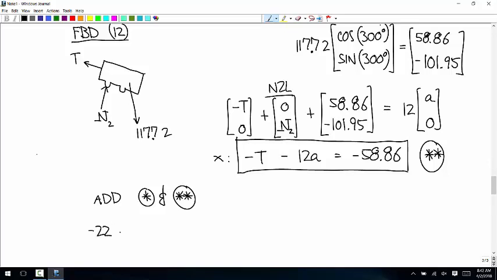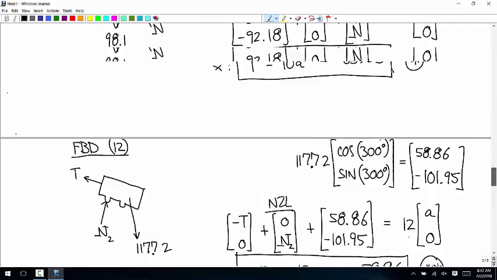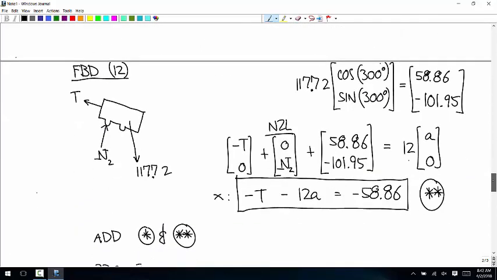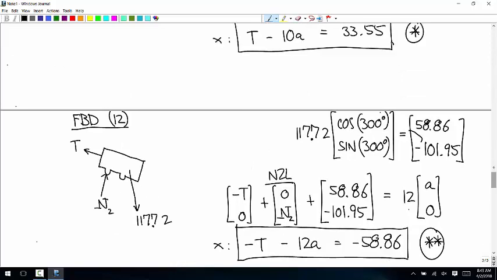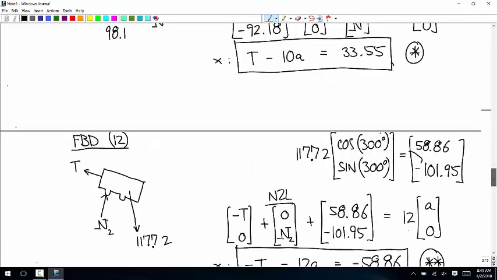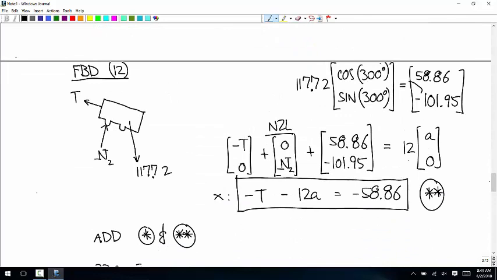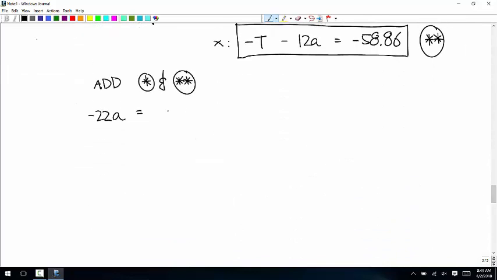We have negative 22a is equal to, what's minus 58.86 plus 33.55? Is it like positive on the left side and negative on the right side for the acceleration? Wait, is the acceleration the same?